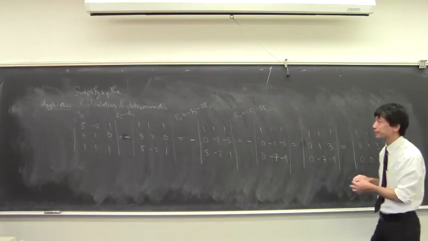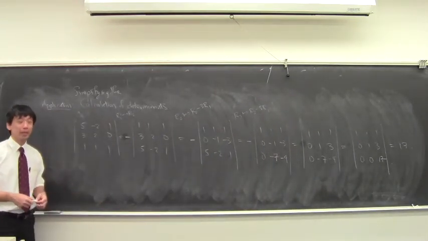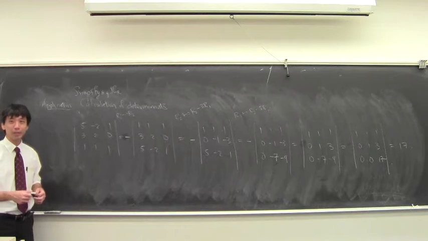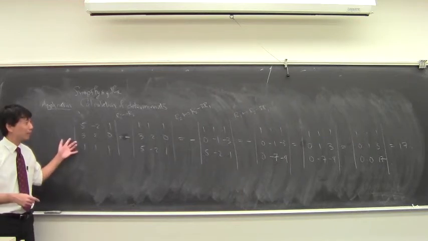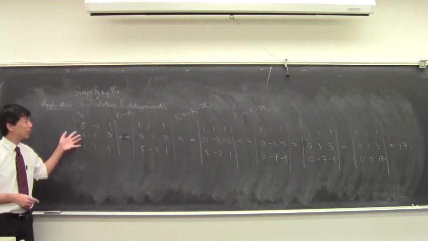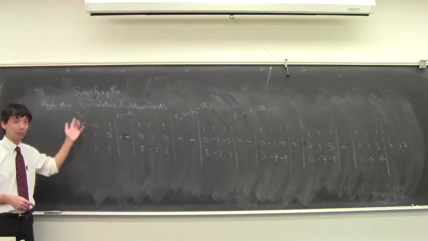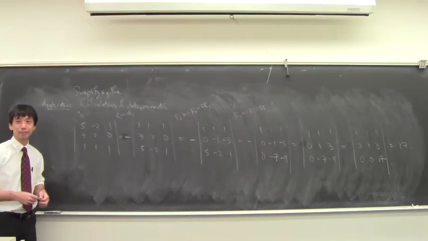Okay. So that's the application of that, and this is actually a true application in the sense that if you have a big matrix, it's computationally expensive to calculate the determinant, but it's a lot cheaper to do the Gaussian reduction first and then multiply down the diagonal.